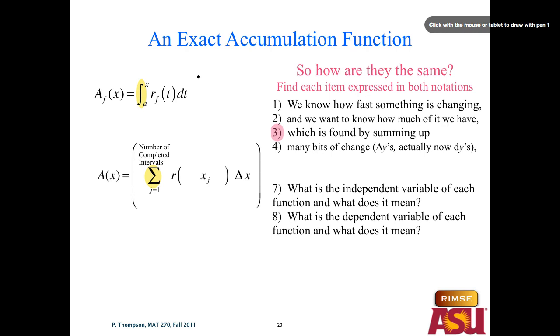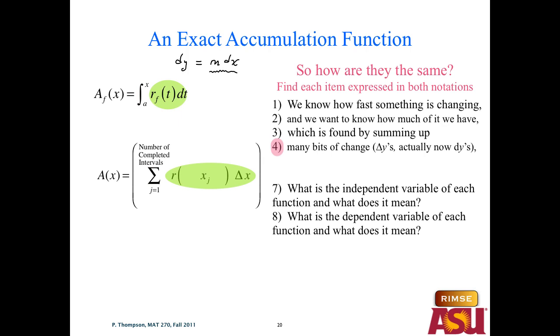The product, right? dy equals m dx. We get a little bit of change by taking the rate times the change in x. So when you look at an integral, you see that whole expression, the rate times dt, as m dx. That's our bit of change.